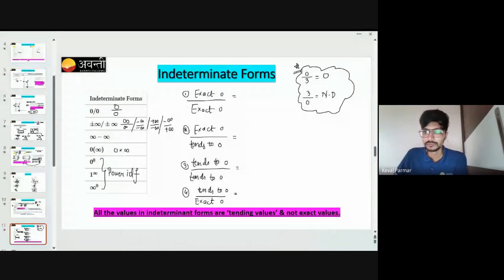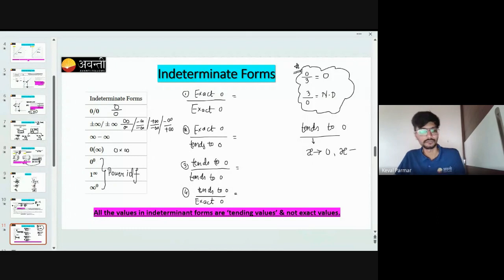Also, tends to 0 means, if I say x tends to 0, x is not equal to 0, obviously, because if x is tending to 0, it is close to 0, but it is never 0, as we have seen till now in limits.